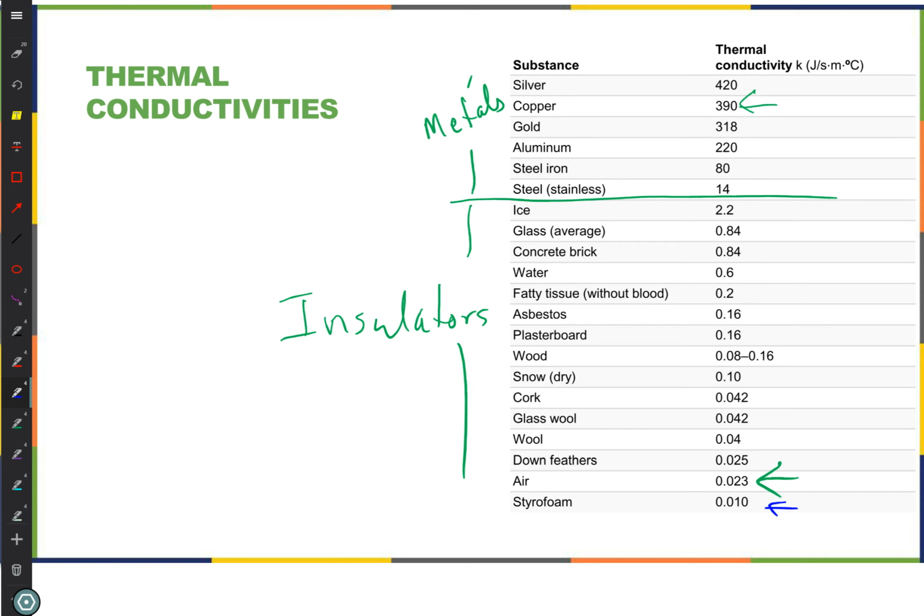Igloos, you think that's ice, it's going to be cold. But you see that ice is a reasonably good insulator. If you don't pack it as much and you have it more like snow, that is, if you have more air, it's a much better insulator. And so you make that igloo, the walls are cold. The walls are cold because it's ice.